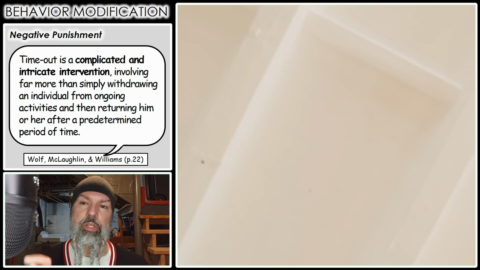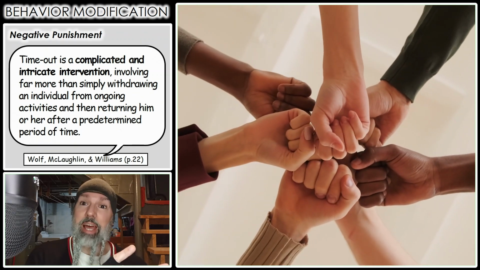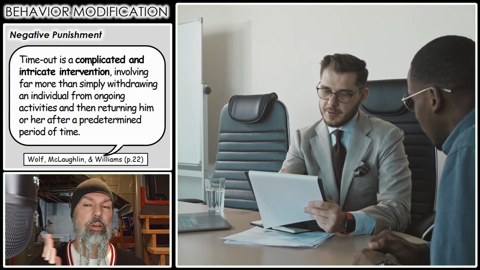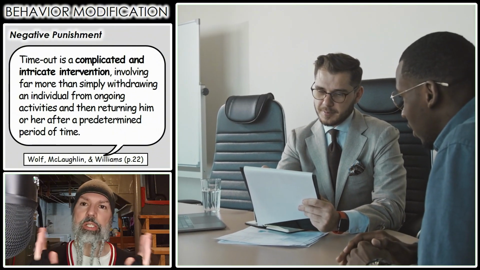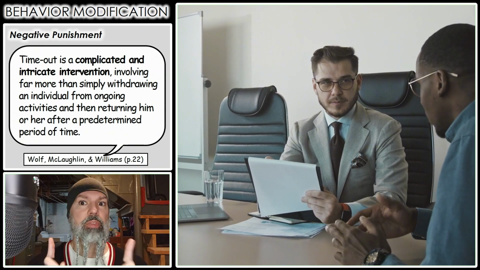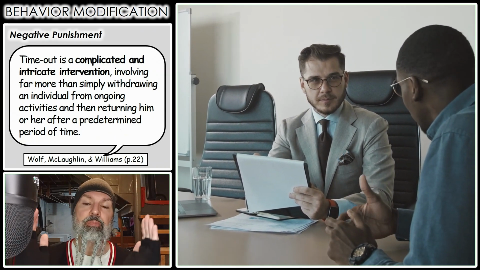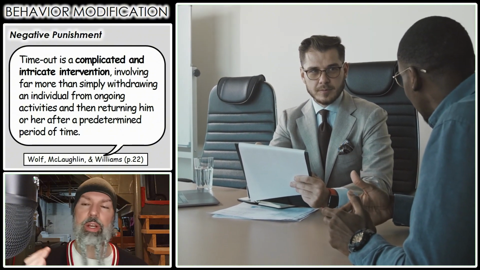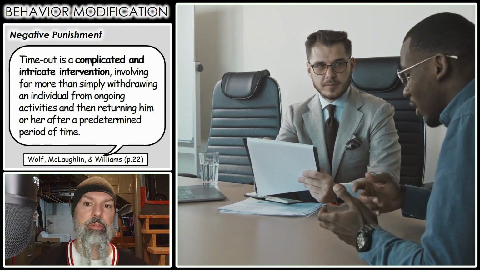Next thing to do to make sure that your timeout is effective is actually make sure that your timeout is effective. That is, you want to evaluate your timeout procedure for effectiveness. So just because you've planned out a great timeout procedure and you're implementing it does not mean that your work is done. During the implementation of the timeout procedure, you want to collect data. You want to collect data on that problem behavior frequency.